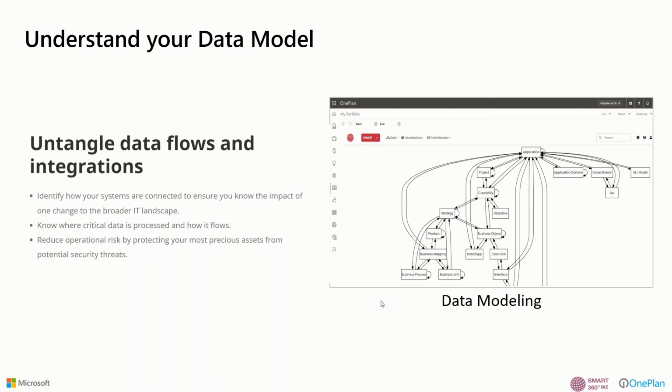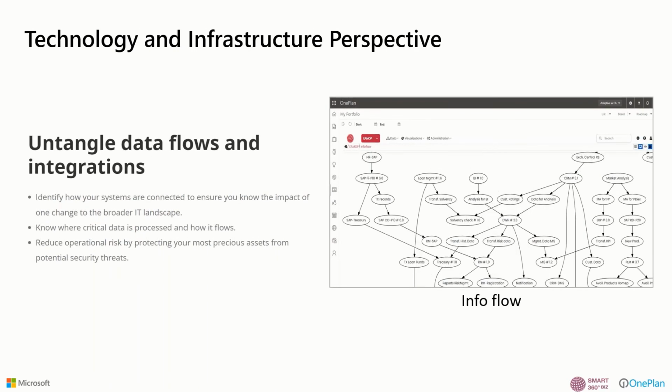But that is the first step to then be able to establish the connections of data flows and integrations, and information flow through all of the different APIs and interfaces between applications.